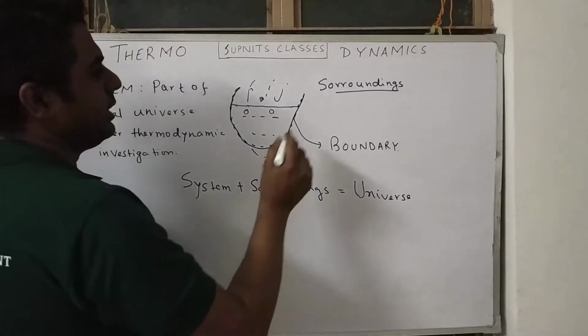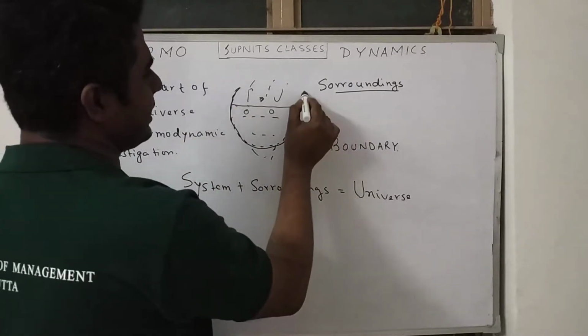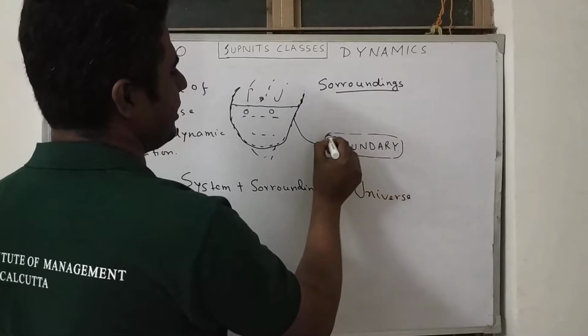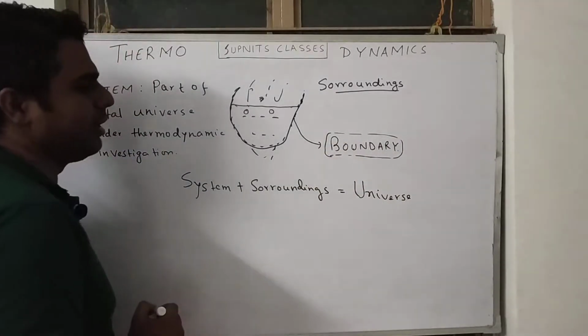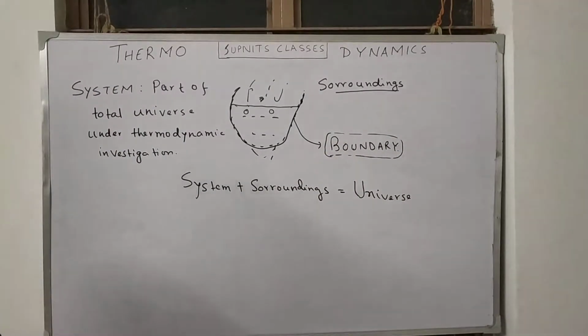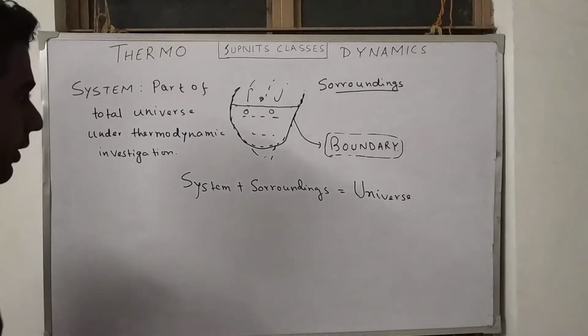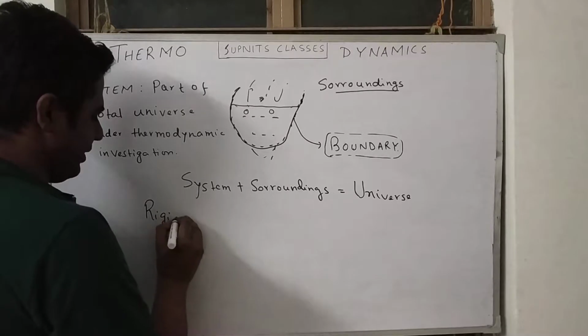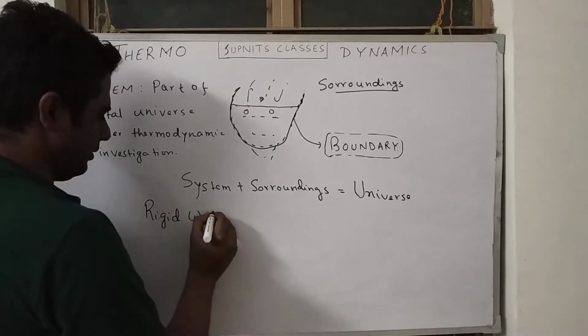Now this system and surroundings are separated by something called a boundary. There are different kinds of boundary that we are going to study. So the boundary can be a rigid wall.